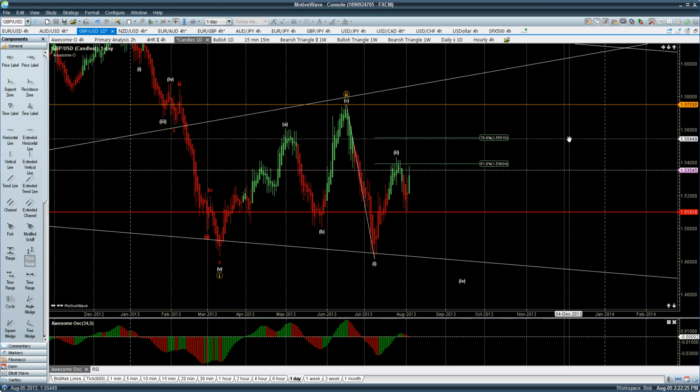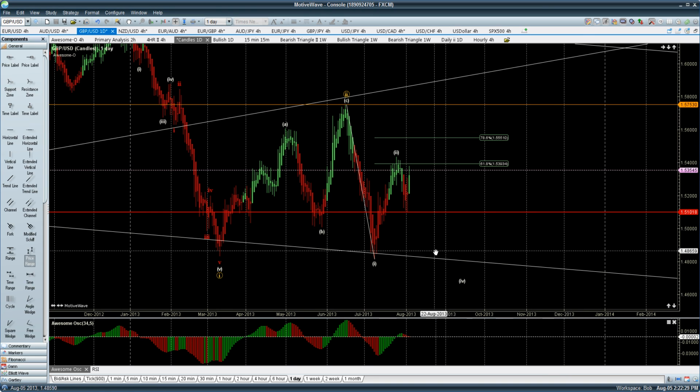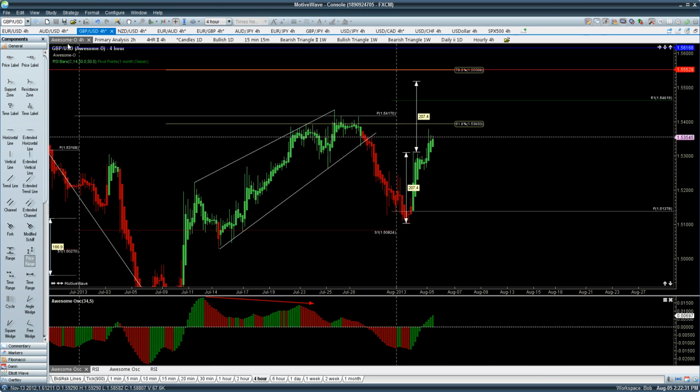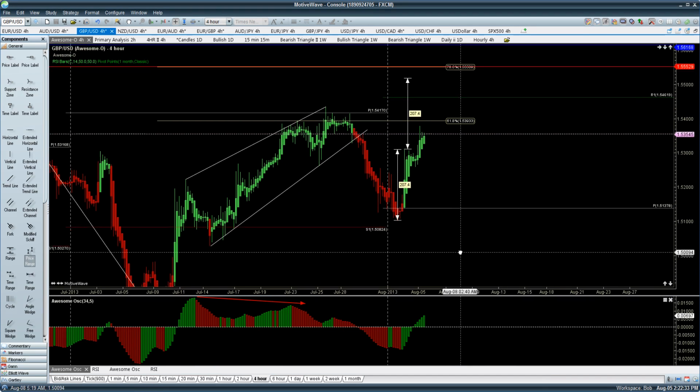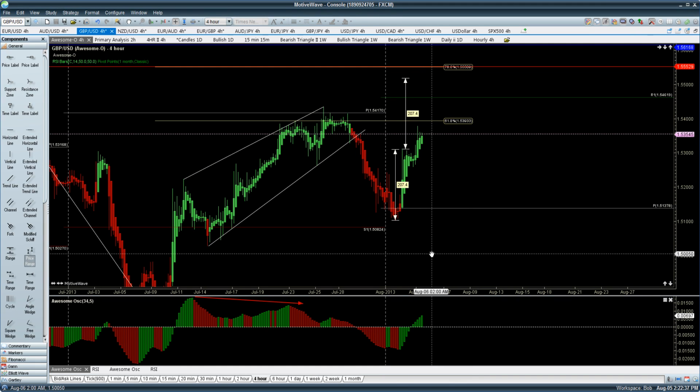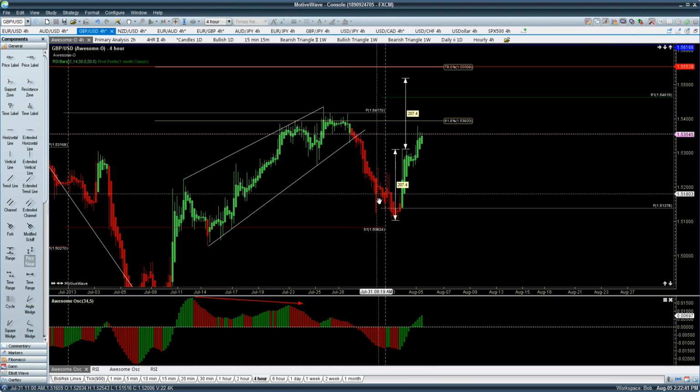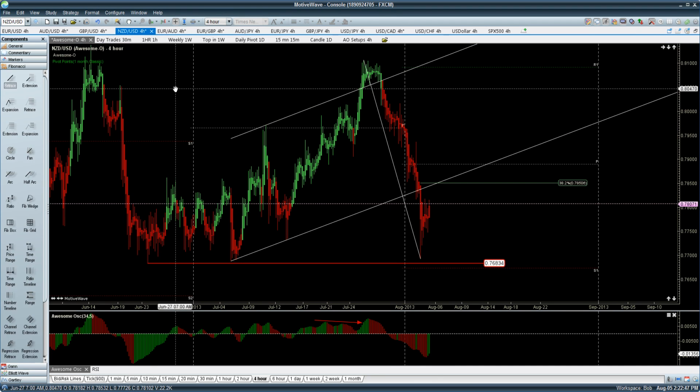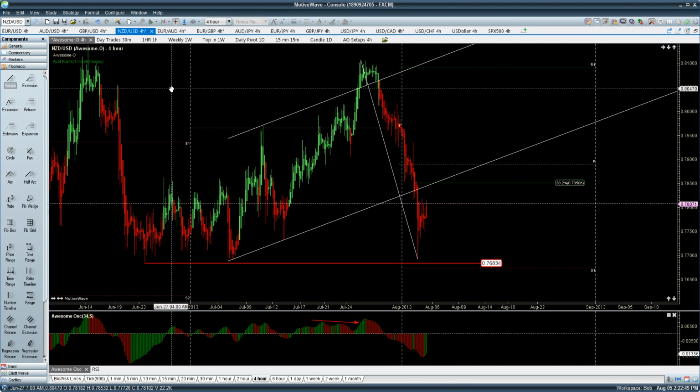So maybe it's looking for the 78% retracement at 55. Not really trading anything for any yet. Maybe if we get a zero line cross here, I would look at another 1 2 and a crash lower.